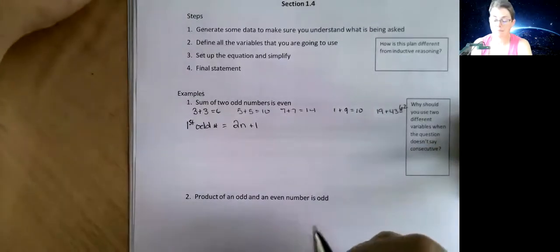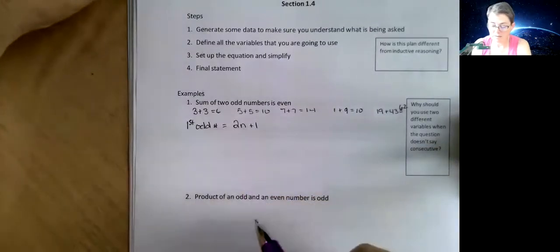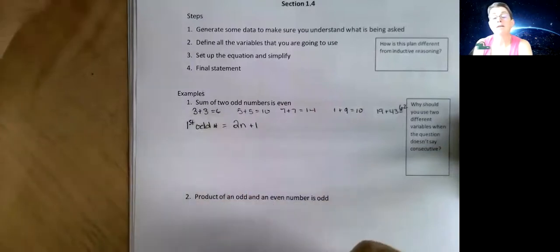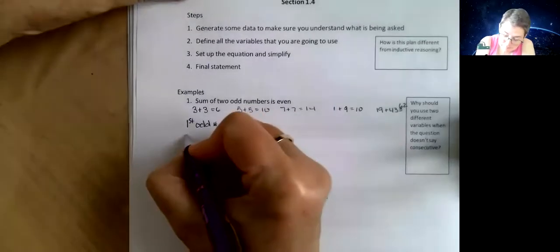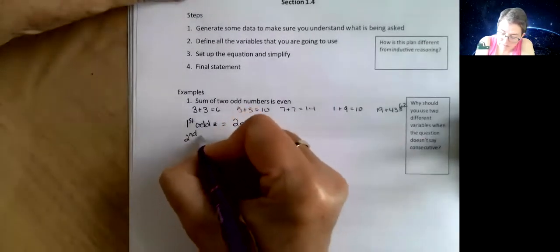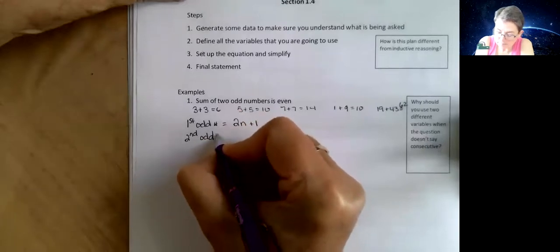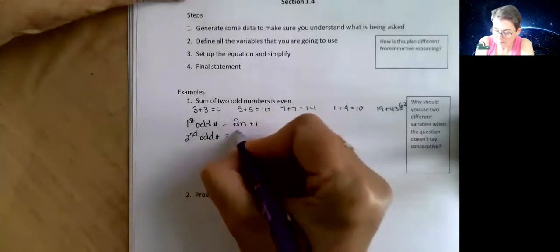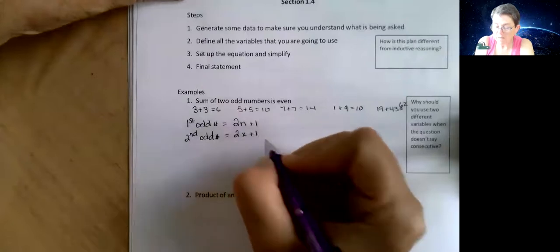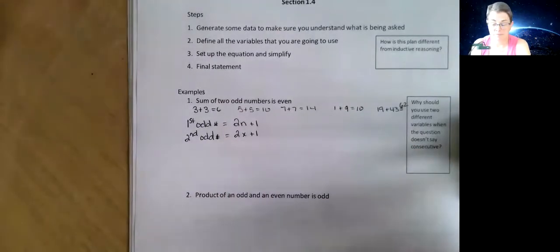It doesn't matter. But it's always going to be that pattern. Now, we need another odd number, but it doesn't have anything to do with consecutive, so I need to pick a new letter. Doesn't matter what I pick as long as it's a different one.